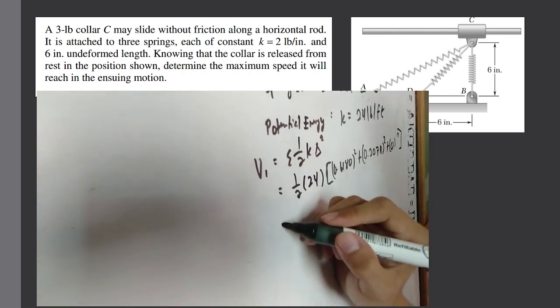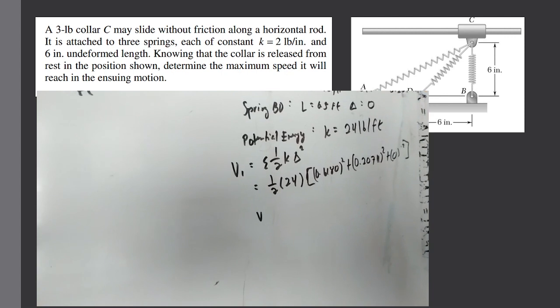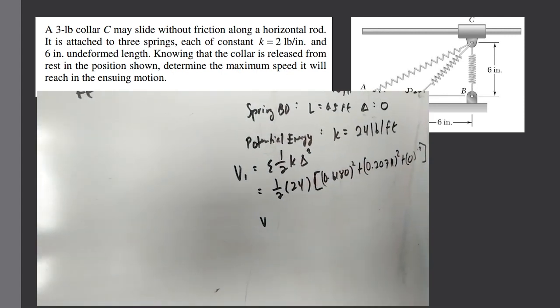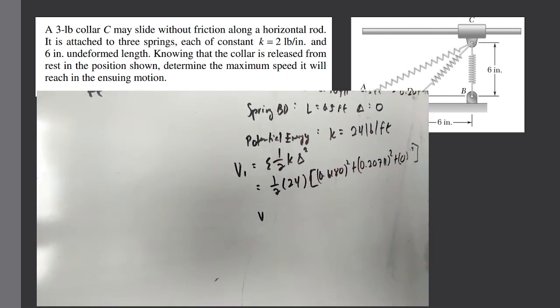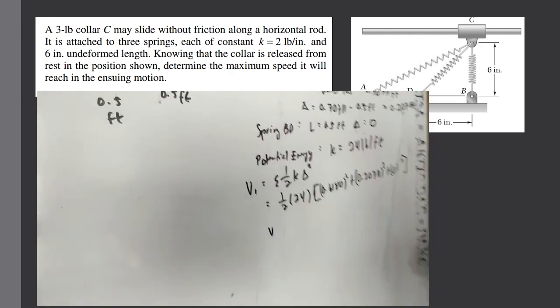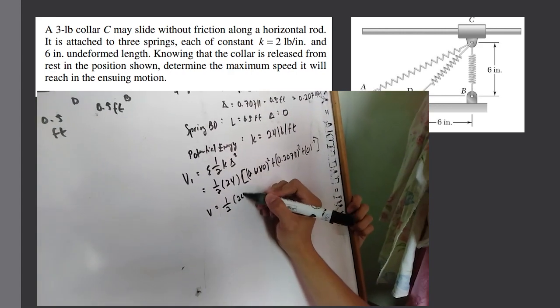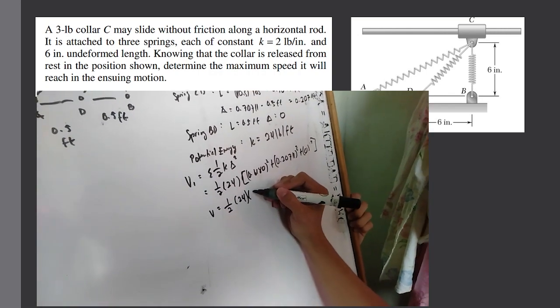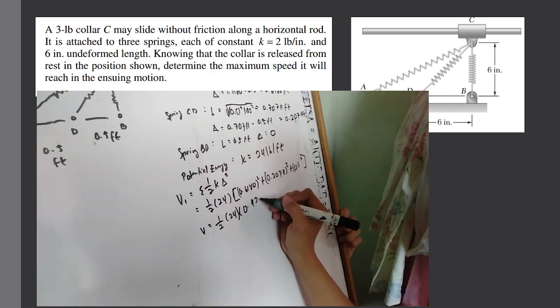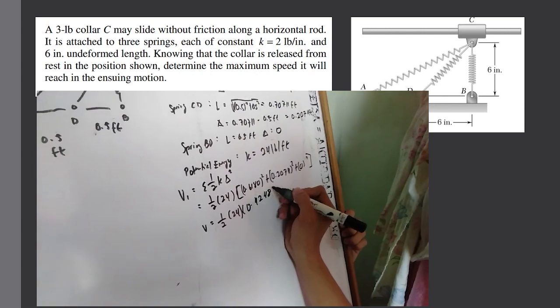Solve natin. So we have 1/2 times 24 times natin into 0.422418.